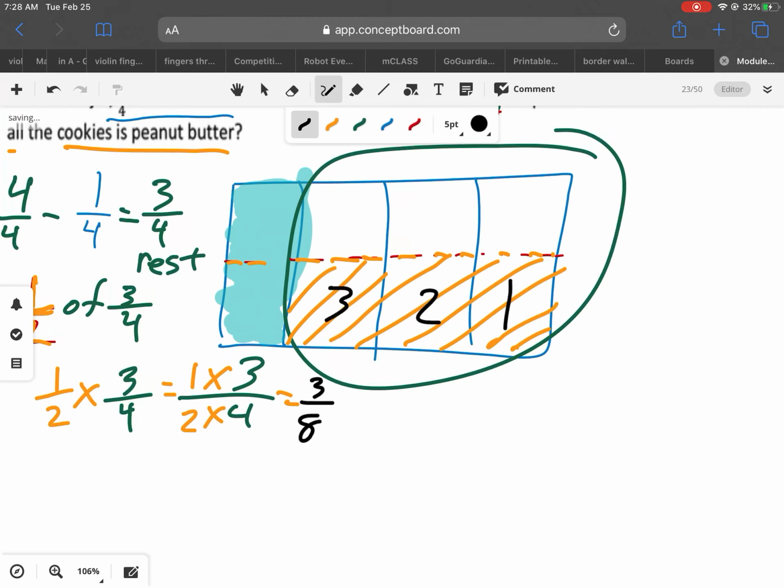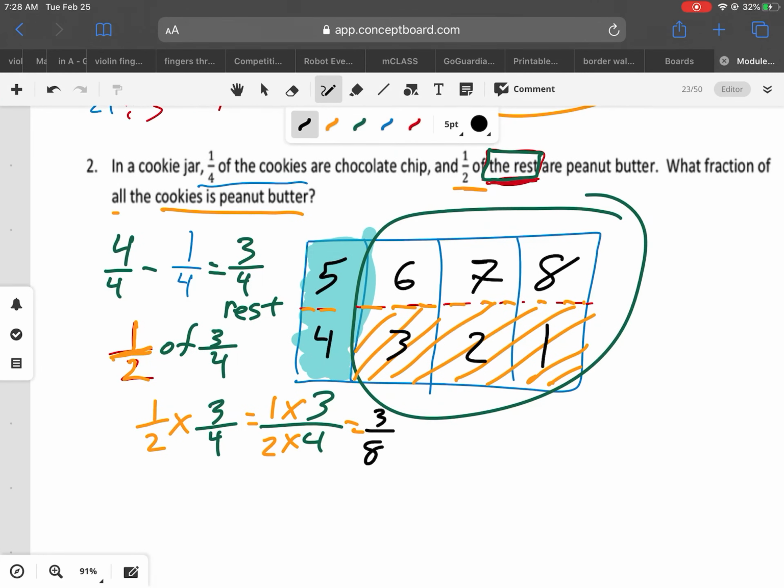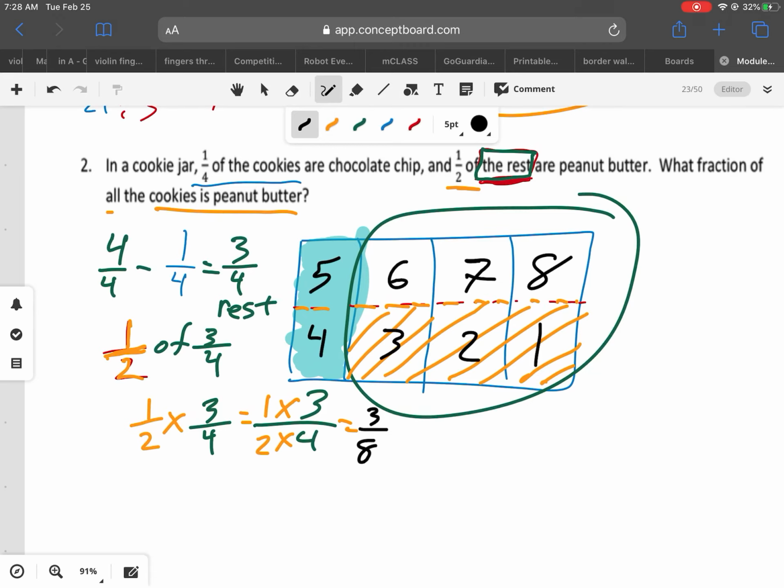And we see that here. 1, 2, 3, 4, 5, 6, 7, 8. So 3/8 of all the cookies are peanut butter, because half of the rest are peanut butter, and that's 3/8.